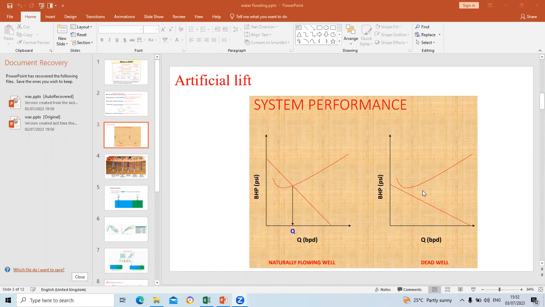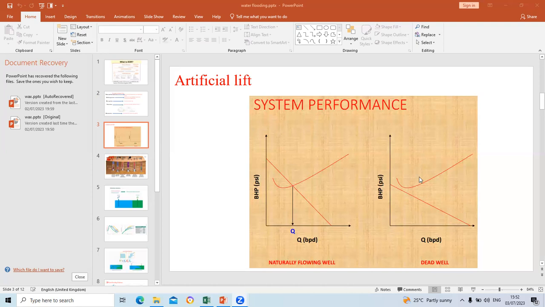So this is exactly what we have. In this particular case, we are talking of a dead well. There is no way it can perform naturally. So there are two things that you can do in this system. Either you cause this vertical lift curve to come down so that there's an intersection, or you cause this IPR to move upward so that there's an intersection.